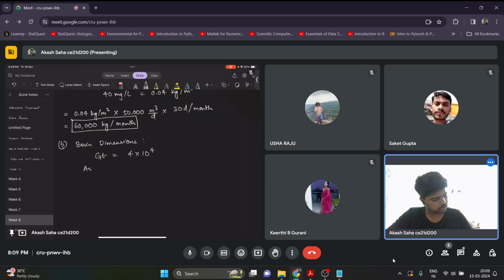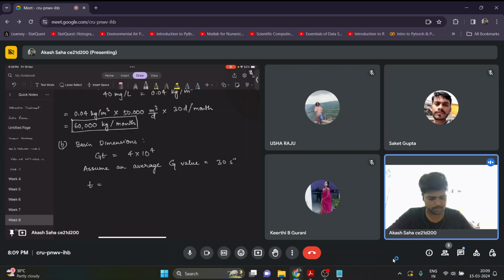Assume an average G value as 30 per second. So 30 per second is my average G value that I am assuming.